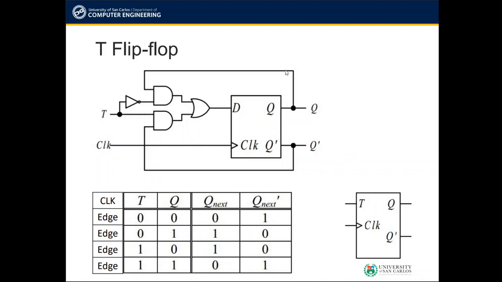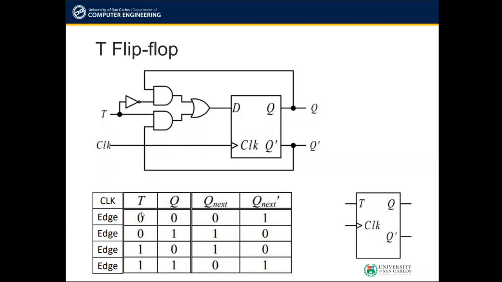So this is another flip-flop circuit. This is a T flip-flop. It is derived using your D flip-flop. What it does, based on the characteristic table here, again based on a clock edge, either positive or negative edge, is this.